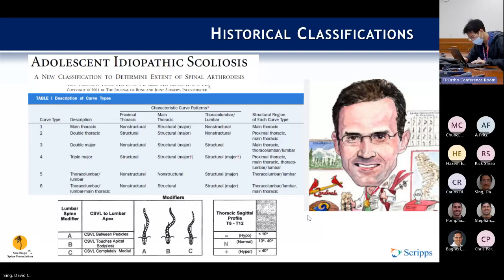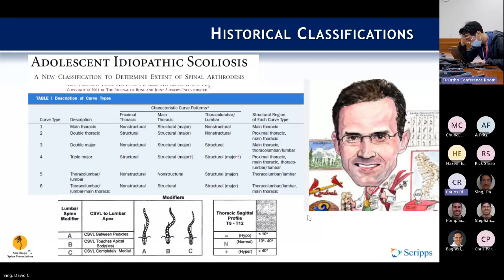They also introduced additional modifiers that are still very helpful, looking at the central sacral vertical line and the stable vertebra, adapting off the prior King classification.